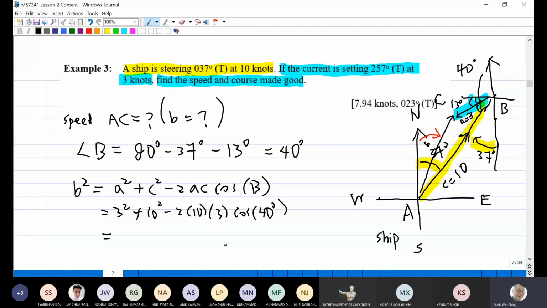So then you calculate B squared first. I need a calculator to get the answer. So 3 squared plus 10 squared minus 2 times 10 times 3 times cosine 40 degrees.